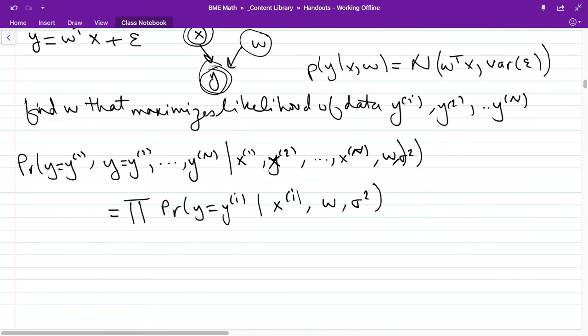These w and sigma squared are the parameters of our model. So this is equal to our normal distribution multiplied across all the data.